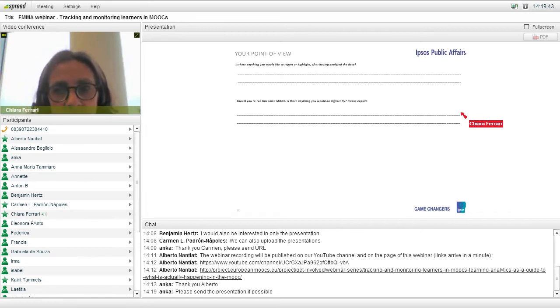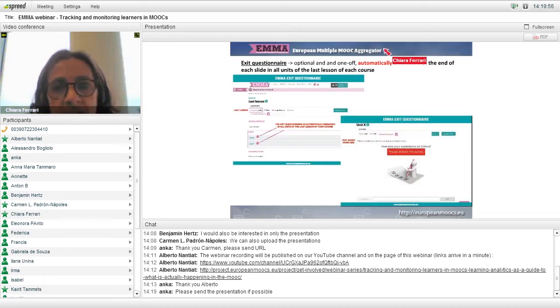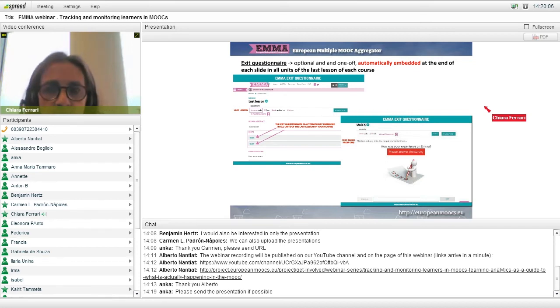To close my presentation, I have just a couple of slides on what we call the exit questionnaire, which is something which has been very useful for us. Again, it is not a compulsory task we ask of students. It is automatically embedded into each slide in all the units of the last lesson of the course you have submitted to your students.